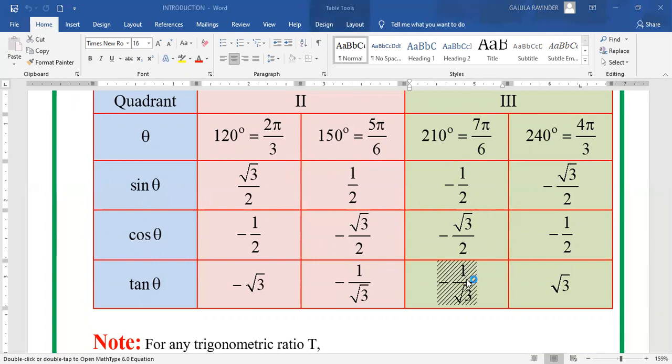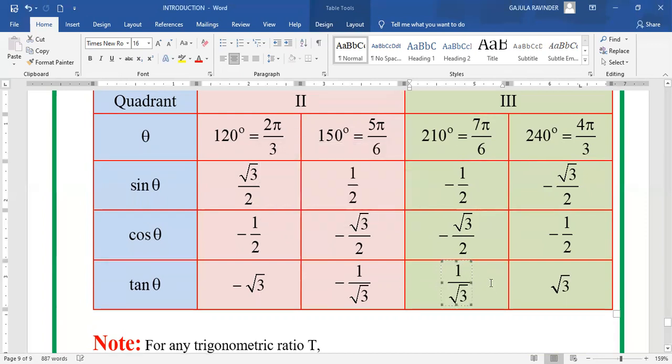Yes. So tan 210 is close to 180 by 30 degrees but lies in the third quadrant. Tan 30 is 1 by root 3, so tan 210 is also 1 by root 3.